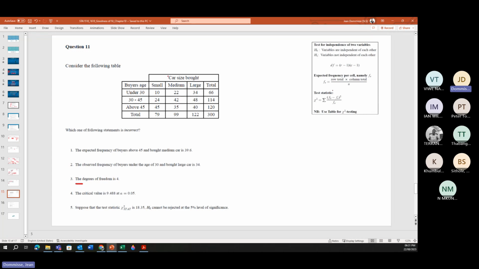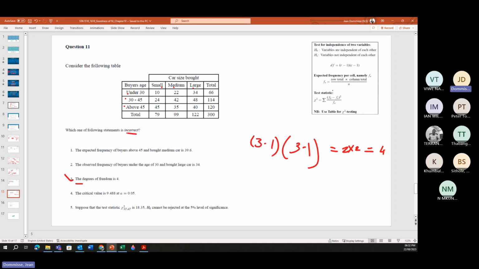We've got car size: small, medium, large. So that is your three columns. We've got the age of 1 to 3. So basically 3 minus 1 times 3 minus 1. So that is 2 times 2, which is 4. Degrees of freedom is 4, is correct.